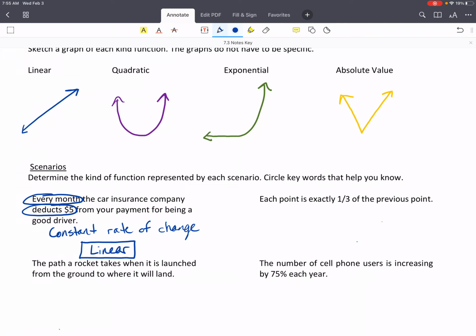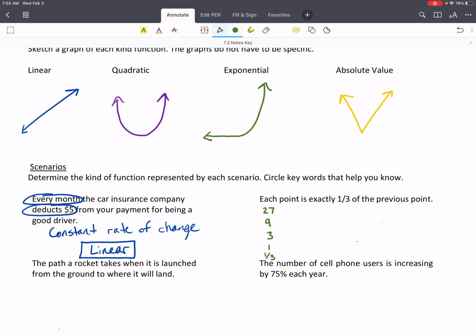Okay, next one. Each point is exactly 1/3 of the previous point. When I'm not sure what that means, I know a lot of people say, oh, this is linear because it's 1/3. That's a constant rate. But let's look at some examples. Just pick any point. 27. What's 1/3 of that? That's 9. What's 1/3 of 9? 3. What's 1/3 of that? 1. And then I get down to 1/3.